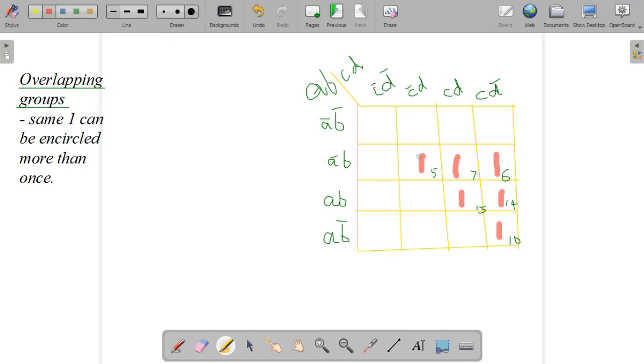So here you can see 2 ones are adjacent, 4 ones are adjacent, again 2 ones are adjacent, is it? Yeah, first of all we have to check, is there any octet in this group? No, there are no octets in the group.